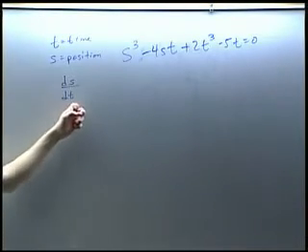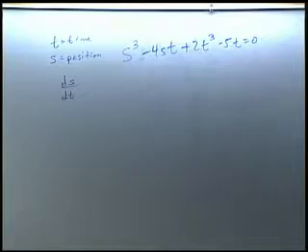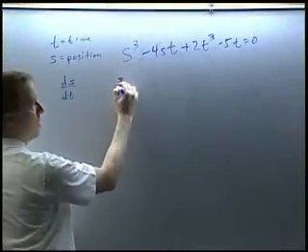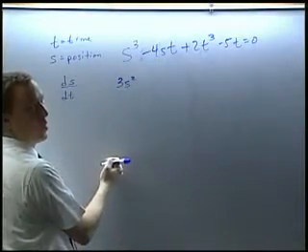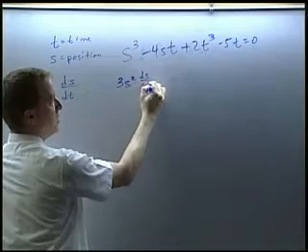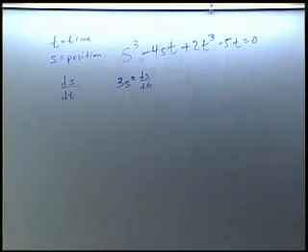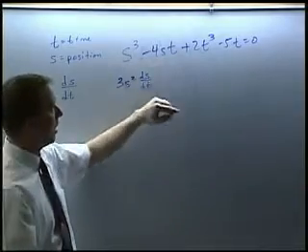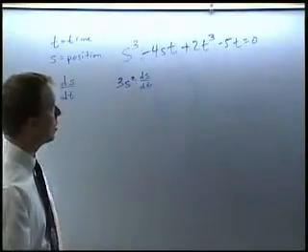So remember, which one of these is kind of like my x? The t. So we're going to think about t as like the x. What's the derivative of s cubed? 3s squared ds dt. Good, because s is kind of like my y, I've got to do this multiplication.